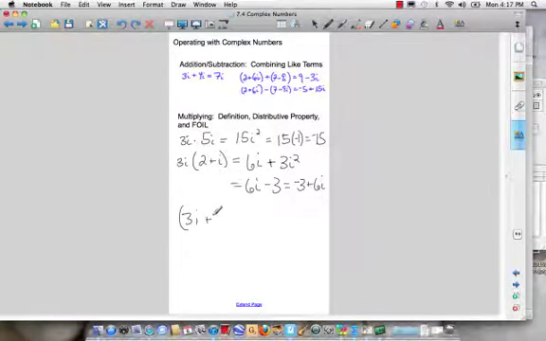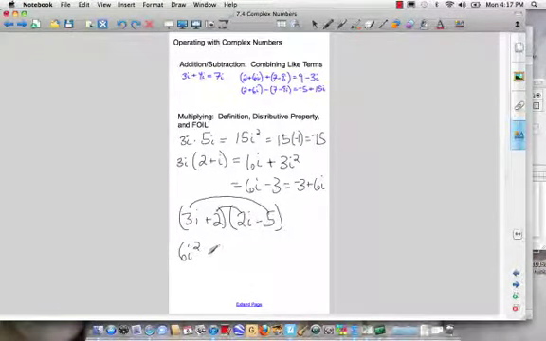Okay, FOIL is going to be useful when you have something like this: 3i plus 2 times 2i minus 5. All right, so 3i times 2i is 6i squared. And then let's consider our inner and outer products. This is 4i, and this is minus 15i.